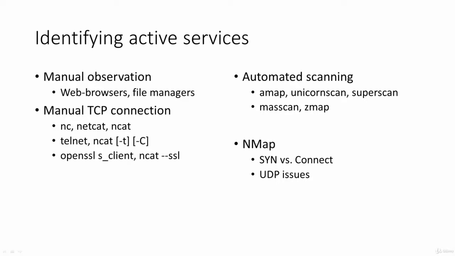So these are the basic things you have to understand. This SYN versus connect is important because SYN, for example, is faster, but connect is more accurate when it comes to avoiding interference by the devices that are between you and your target.